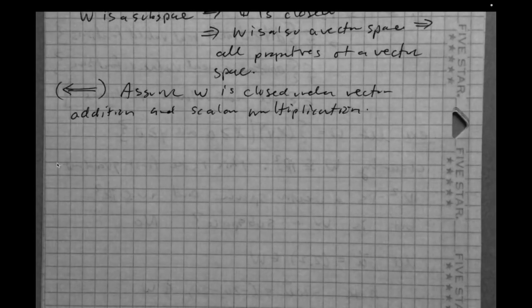Then, given this, what do we need to show? What we need to show is that W is a subspace, so it's already closed under vector addition and scalar multiplication, but what we need to show is the other 8 properties hold as well.